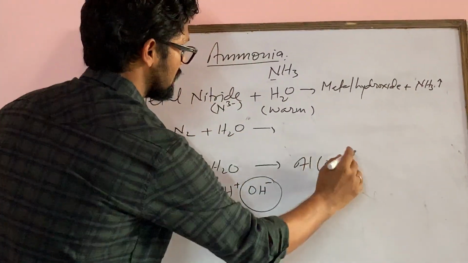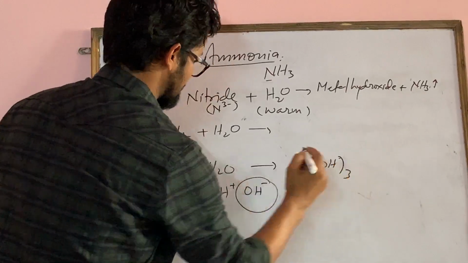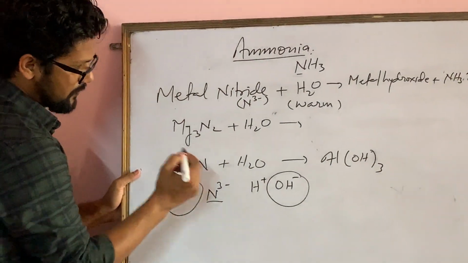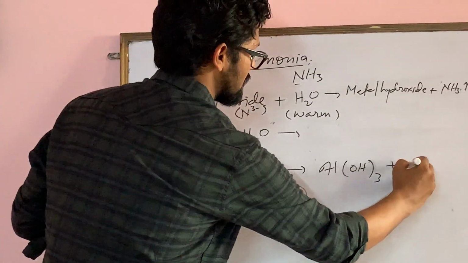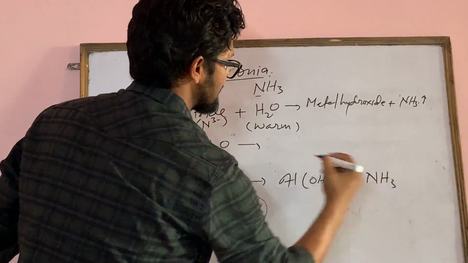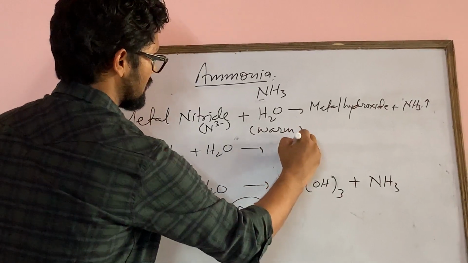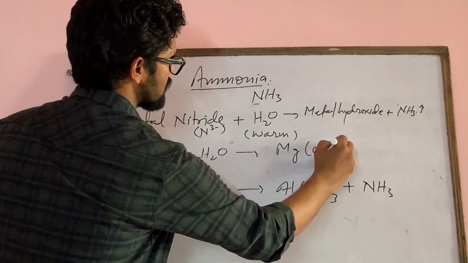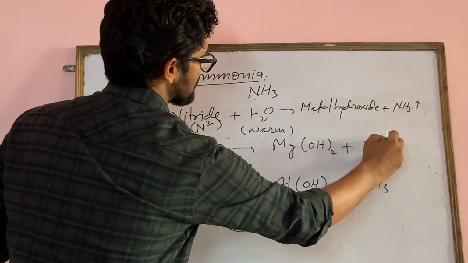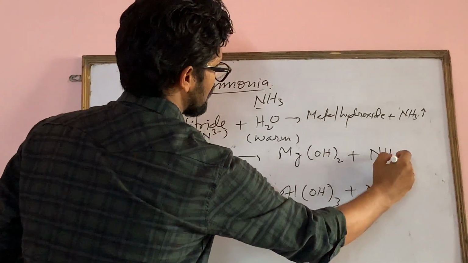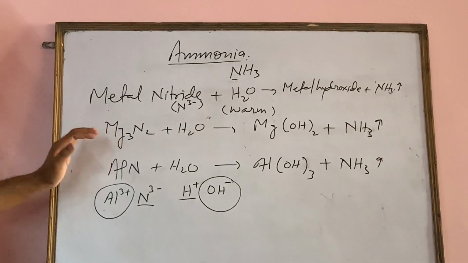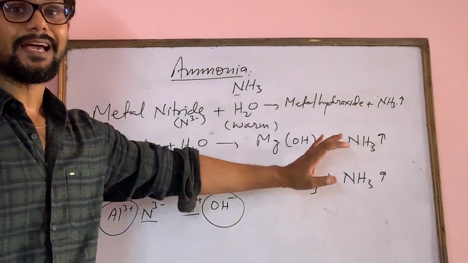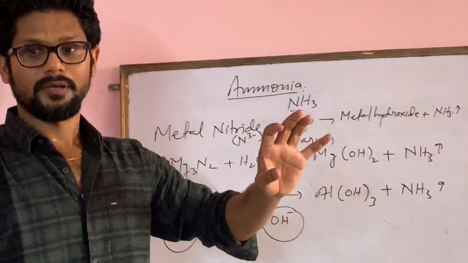Al(OH) whole thrice. Negative of the first will go with positive of the second, cross multiply, and it gives NH3. Similarly, here we will get Mg(OH) whole twice plus NH3 gas. This is another method by which ammonia is prepared.